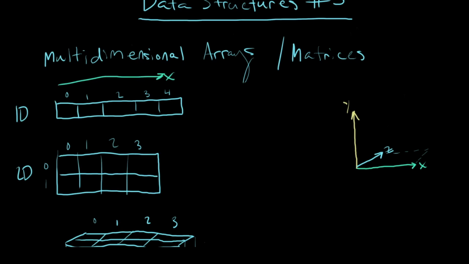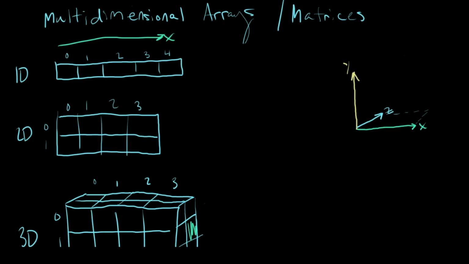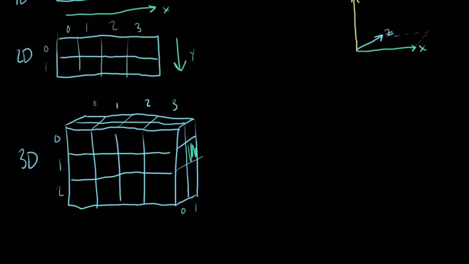Anyways, the most simple type of multi-dimensional array is having two dimensions. So this one has 3 columns, and then it has 2 rows. So it has a horizontal axis and a vertical axis. And then the three-dimensional arrays have 3 dimensions. It has a horizontal axis, a vertical axis, and it even has a z-axis, so a depth to it.